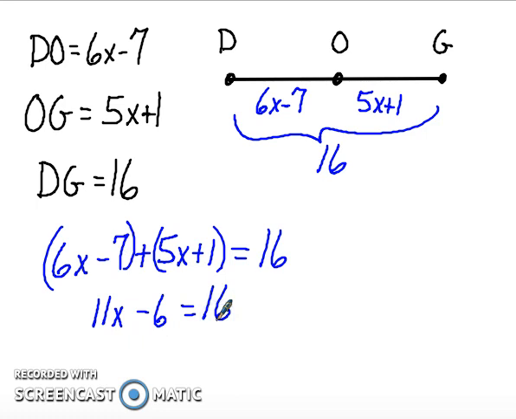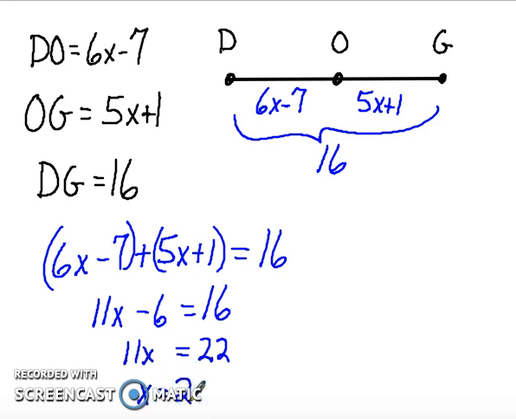All we've done is combine like terms, that's simplifying. If we're looking at a proof, that's simplifying. Now we add 6 to both sides, the addition property, and we get 11x equals 22. Then we divide both sides by 11 and find that x equals 2.